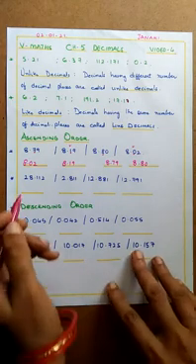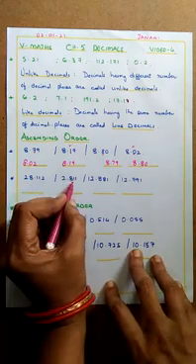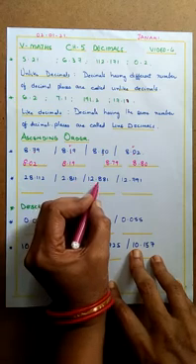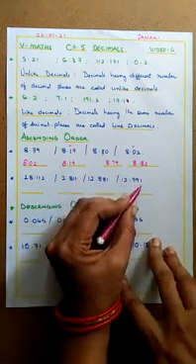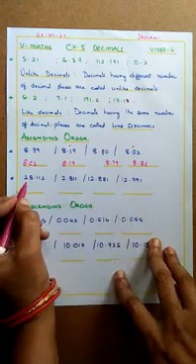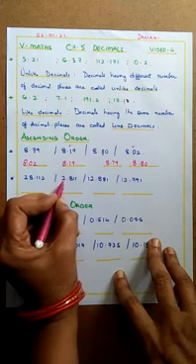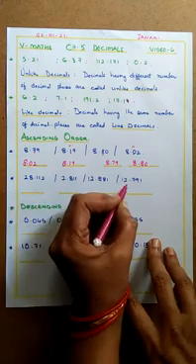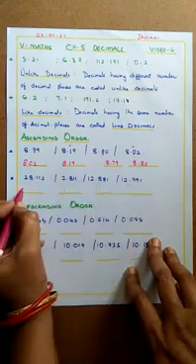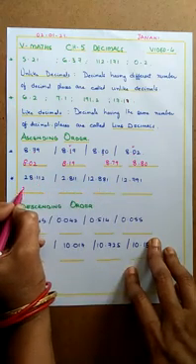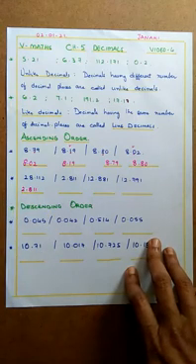Now move on to the next one. 28.112, 2.811, 12.881 and 12.791. First let us take the whole number part. Here 28, here 2, here 12, and here also 12. Out of these four, 2 is the smallest one. So 2.811 is the smallest one.